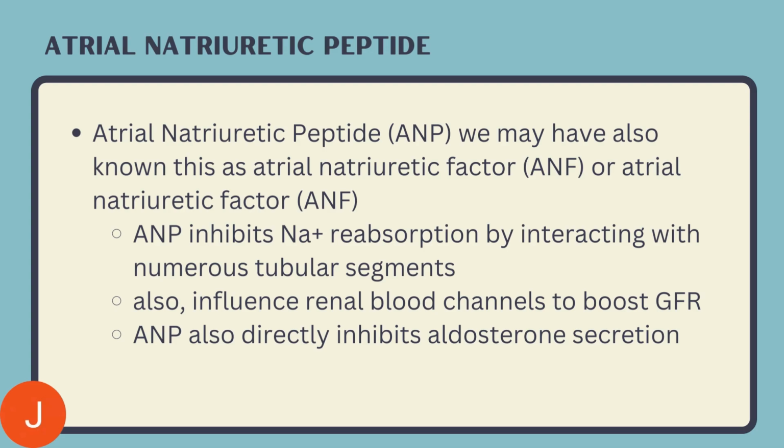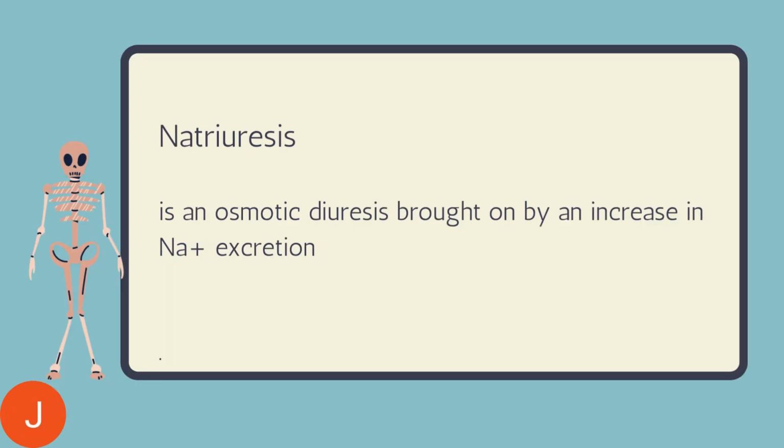Instead, using the same reasoning that governs the regulation of renin and aldosterone secretion, ANP secretion rises in response to the expansion of plasma volume that comes along with a rise in body sodium. Atrial distension is specifically the stimulus. Increasing sodium excretion results in an osmotic diuresis known as natriuresis.